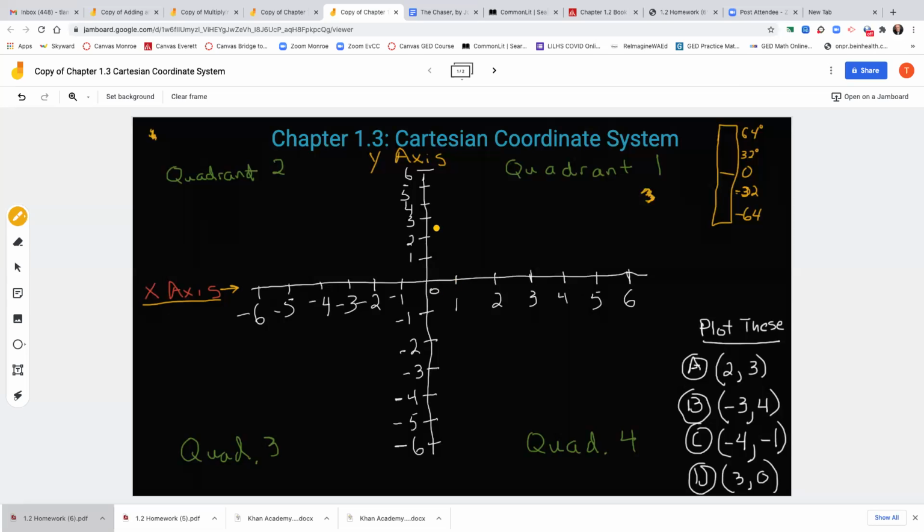Okay. Anything that goes up or down on the vertical axis is called the y-axis here, and that's why I have it labeled y-axis here. So if I said 3, 2, for instance, if I gave you the coordinates 3, comma, 2. All right. Here's how you write coordinates. You put them in parentheses with a comma between them. And what I'm going to do is the first number is the x-axis.